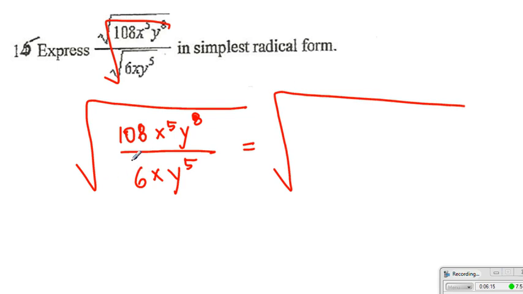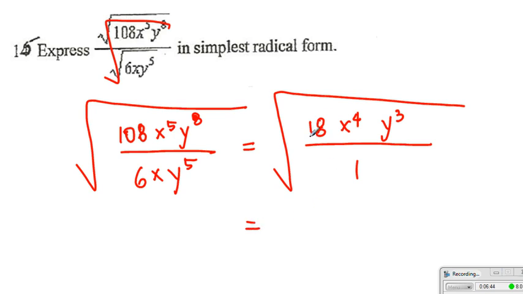Then let us simplify the fraction first. 108 divided by 6 becomes 18. Then x to the 5th divided by x becomes x to the 4th, and then y to the 3rd power. The denominator is simply equal to 1.